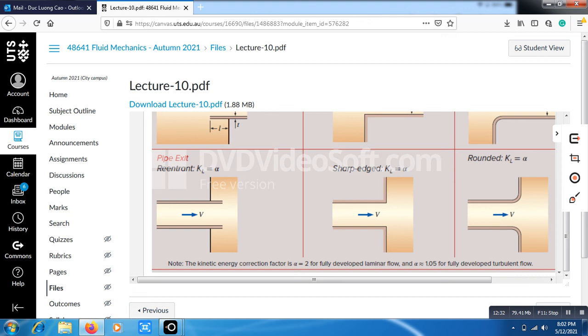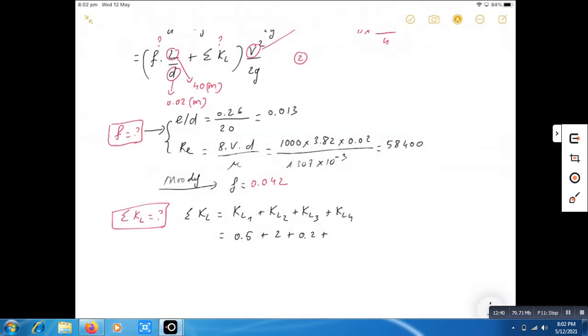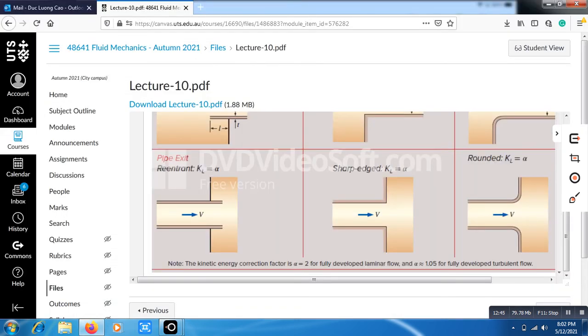For turbulent flow, KL is 1.05. You see here, it's 2 for laminar flow and 1.05 for turbulent flow. So sigma KL will be 3.75.